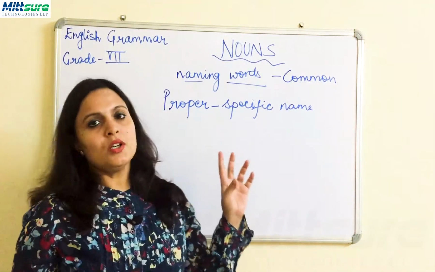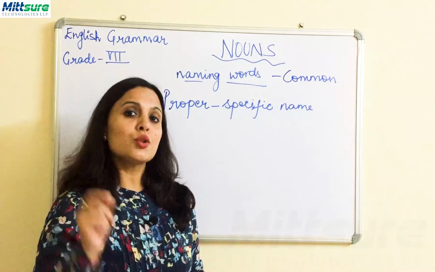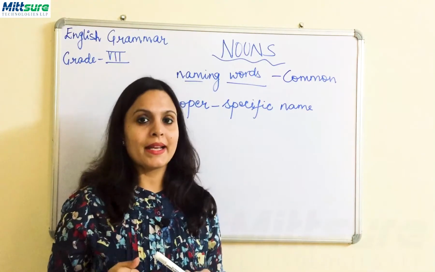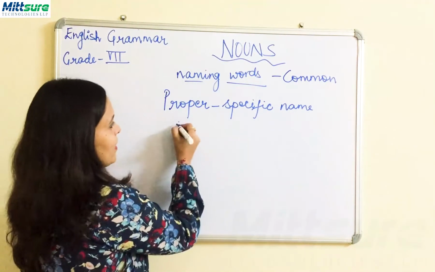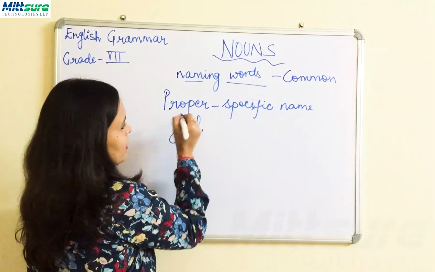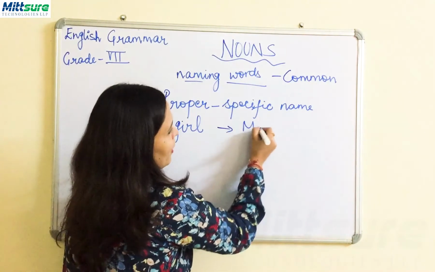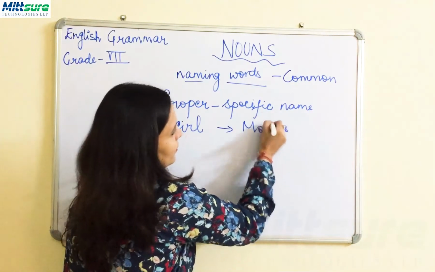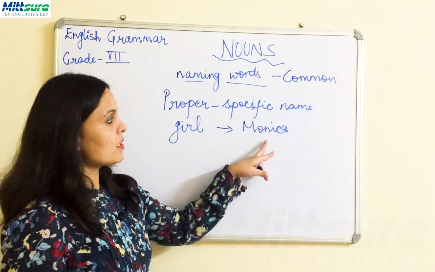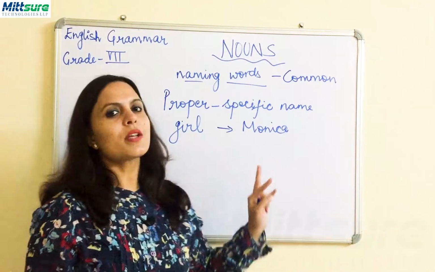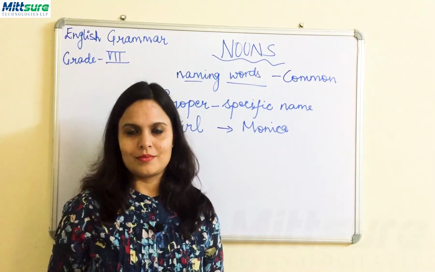What is proper, or a specific name, is given to that one particular person, right? So my name, right? What am I? I say I am a girl, right? So this is a common term, and the girl is given the name Monica. Right? So this is a specific name given to a girl, hence it becomes a proper noun.